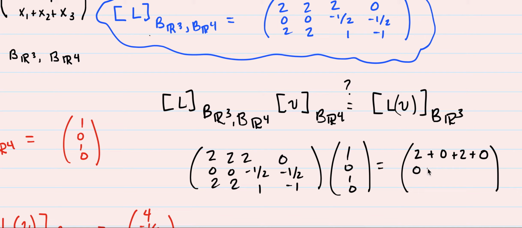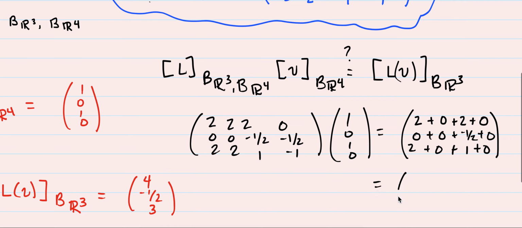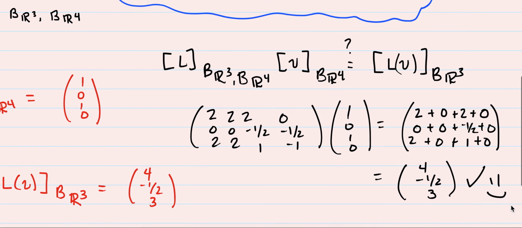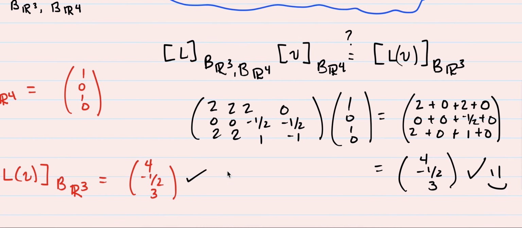You get 0 plus 0 plus a negative 1/2 plus 0. I'm just taking this row with this column. And the last one is 2 plus 0 plus 1 plus 0. That's a 4, negative 1/2, 3. Yay, we got the right thing. See? Great.